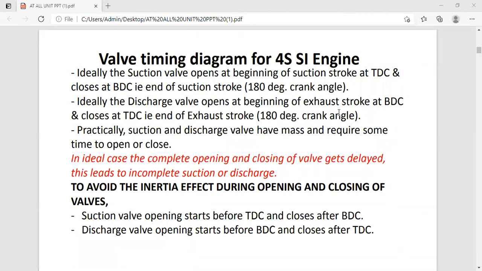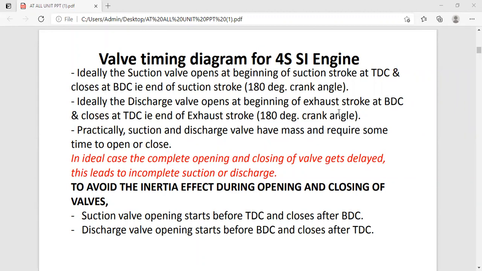The correct timing of the opening and closing of the inlet and exhaust valves improves the power and the efficiency of the engine, and it reduces the specific fuel consumption. So to reduce the specific fuel consumption and to improve the power and efficiency, the opening and closing of the inlet valve and exhaust valve must be proper.